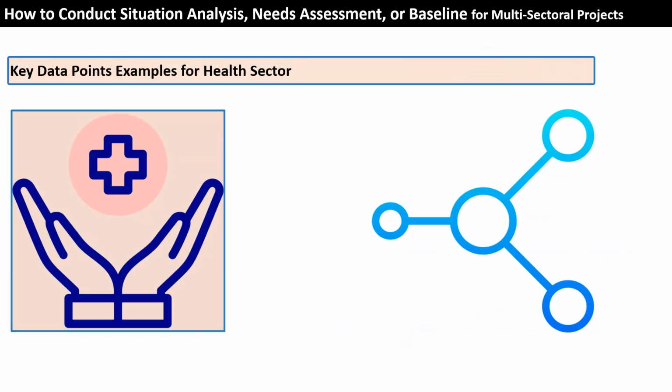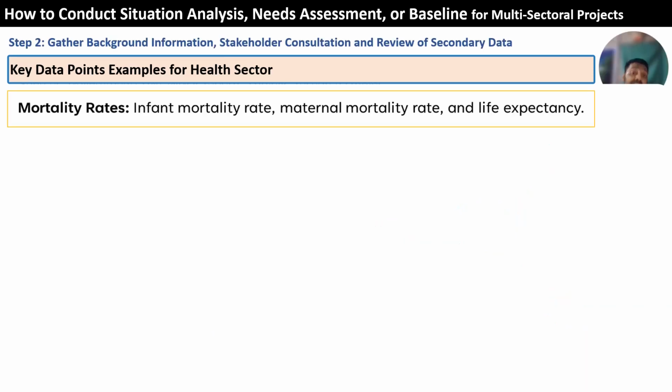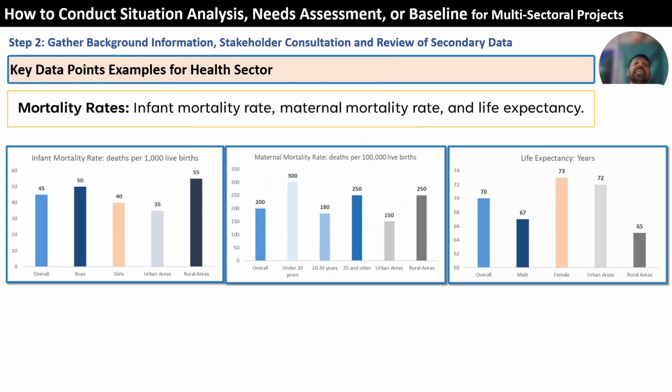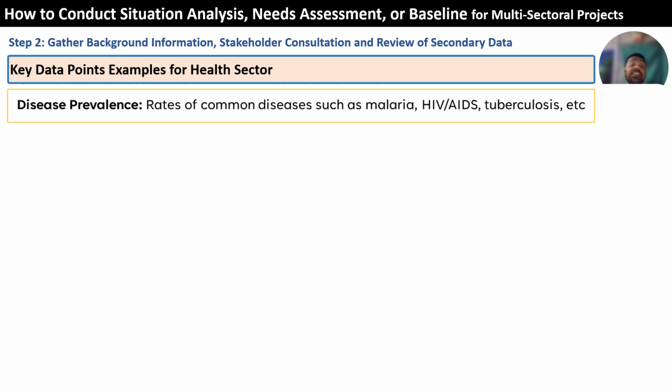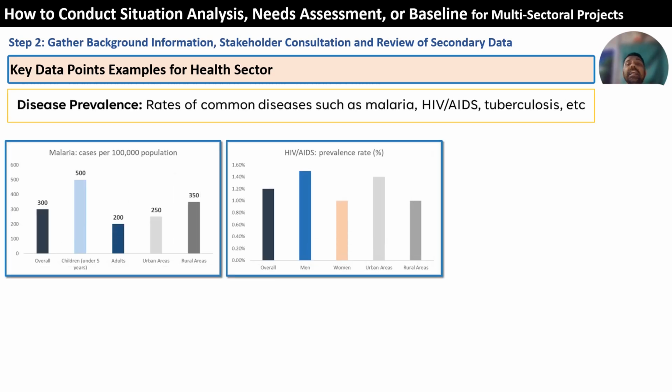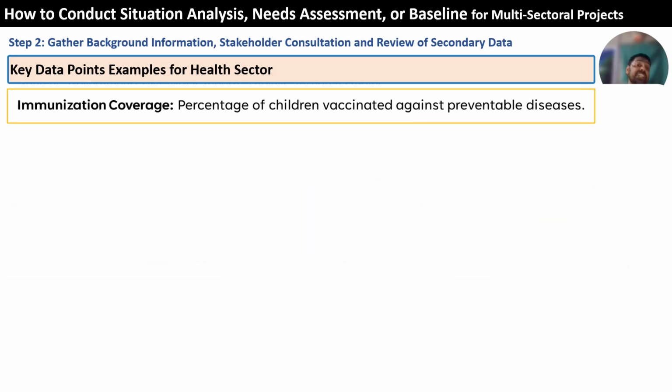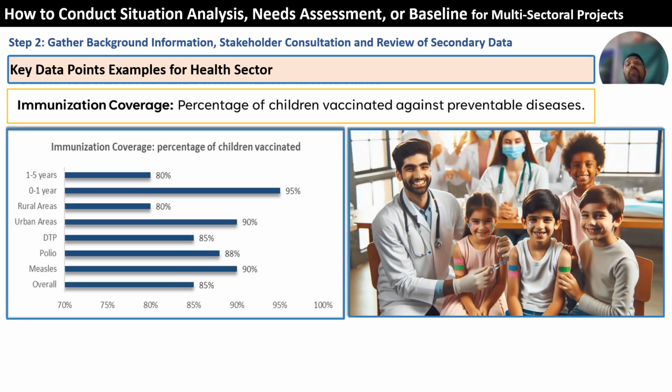The key data points for health would be mortality rates, infant mortality rates, maternal mortality rates, and life expectancy. These are the different data points. Similarly, data points related to disease prevalence, rates of common diseases such as malaria, HIV, TB, etc. Immunization coverage, the percentage of children vaccinated against preventable diseases.